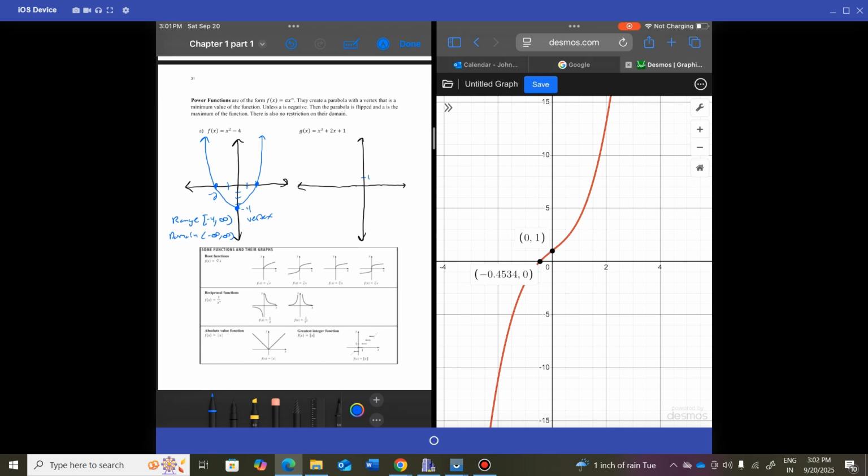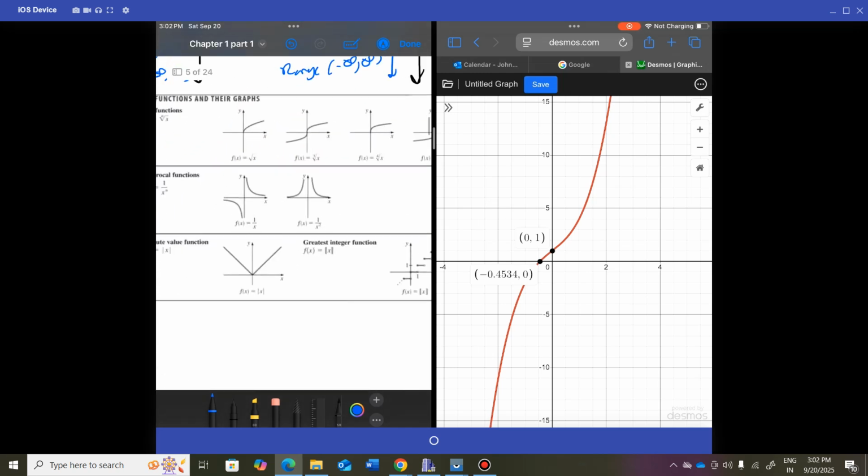So I'm just going to put a point there. And then it has that snake curve to it. Domain here, all real numbers. Range, all real numbers. So without a restricted domain, the cubic always has the same domain and range, and they're both all real numbers.